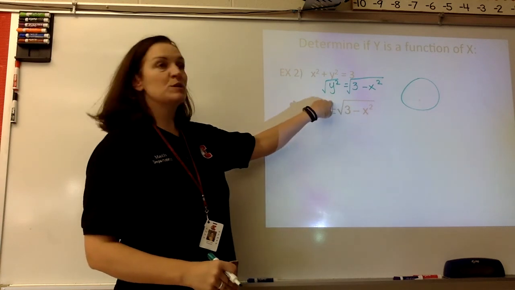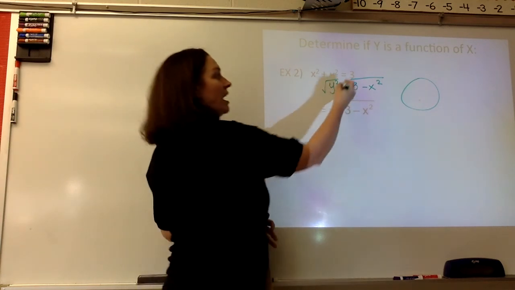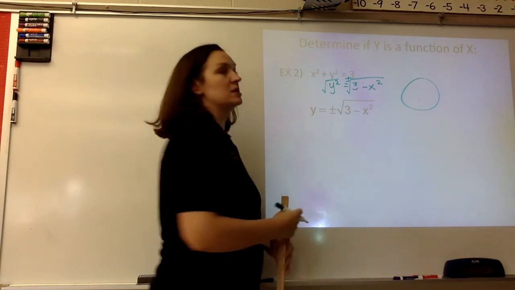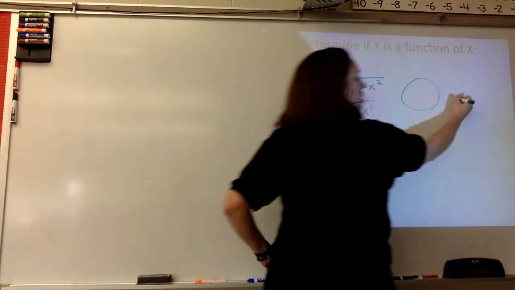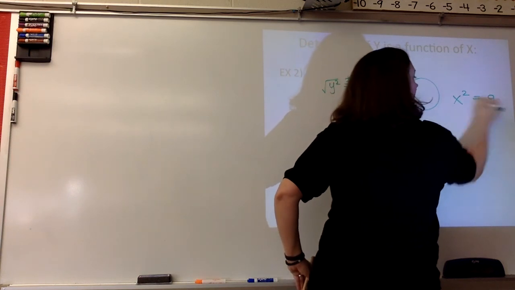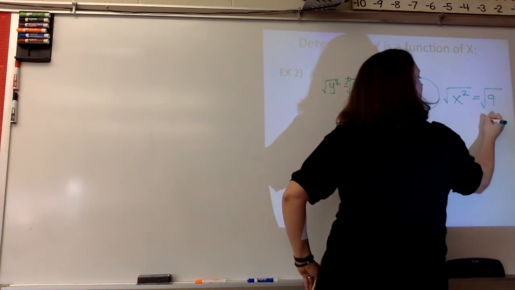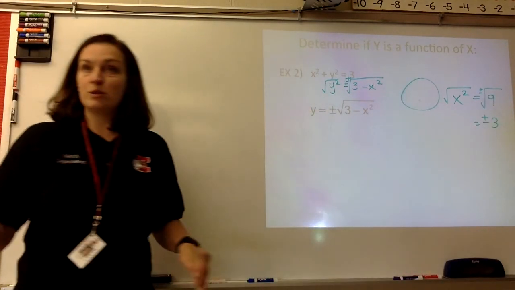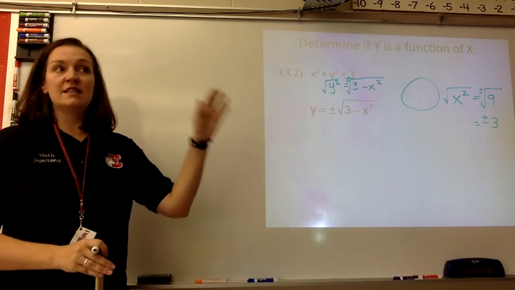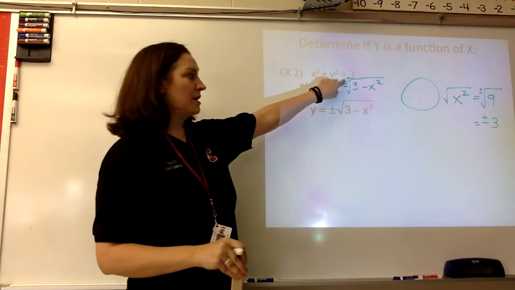If I have y squared, when I take the square root of it, I'm going to have 2 solutions, plus and minus. It's that same idea that you had learned about, like x squared equals 9. You take the square root of both sides. The answer is plus and minus 3, because x squared has 2 solutions. It's in that same vein. Please don't forget the plus or minus.